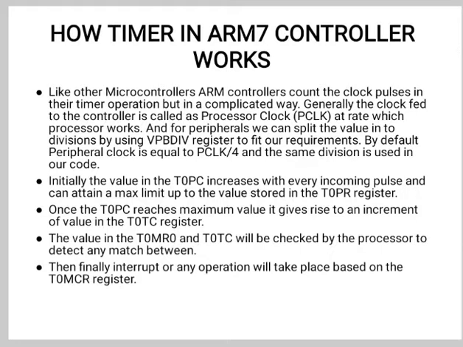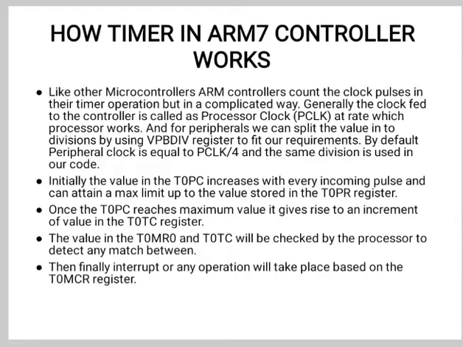Generally, the clock fed to the controller is called the processor clock, at the rate at which the processor works, and for the peripheral we can split the value into divisions by using the VPB DIV register to fit our requirements. By default, the peripheral clock is equal to PCLK by 4 and the same division is used in our code.